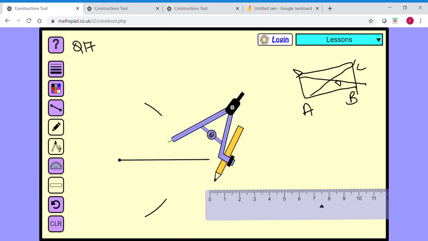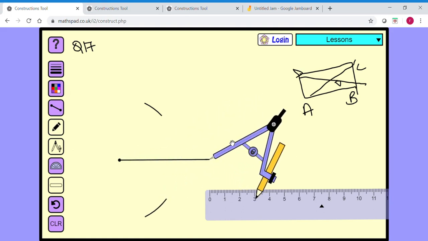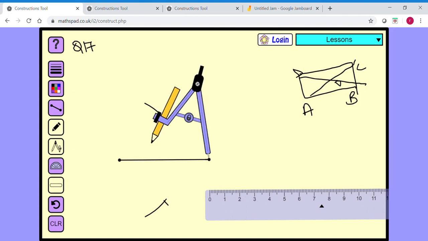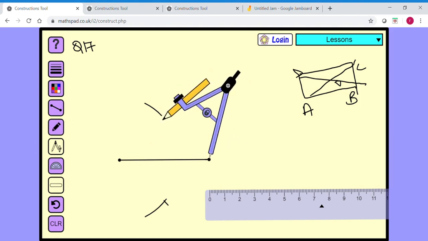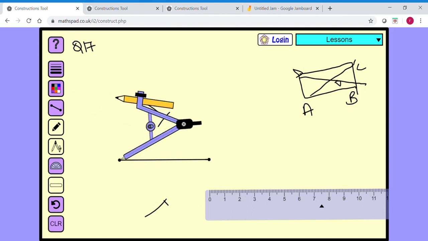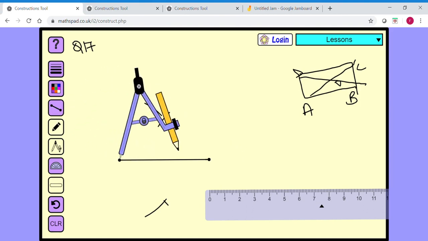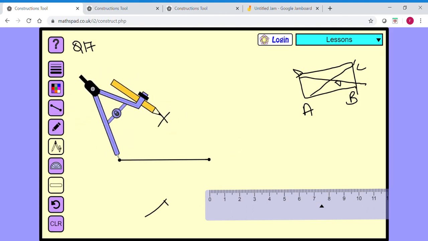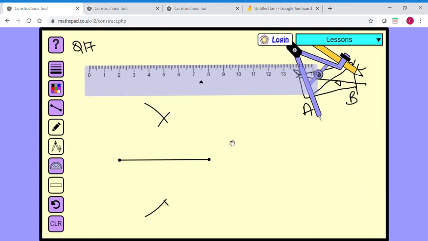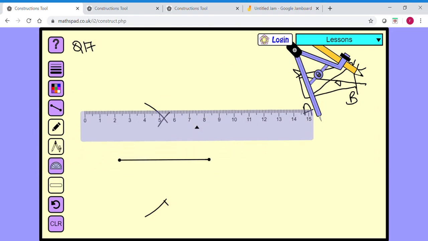I pick up the compass, keep it on the other side of the length and cut the first arc here, and the arc on the top as well I cut somewhere here. I think I left it slightly shorter. I will have to increase the length of my first arc. So let's do that now. Yes, now that I've got this, I have got my middle point, which is my point O.